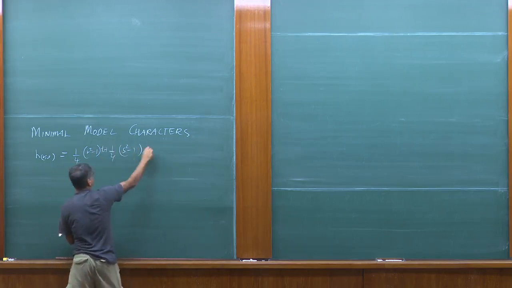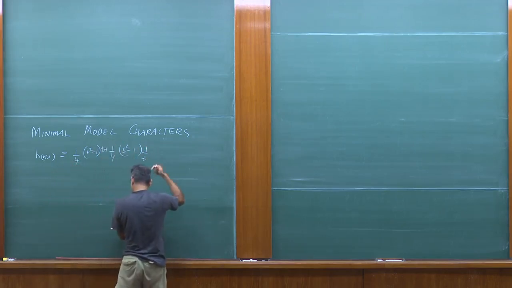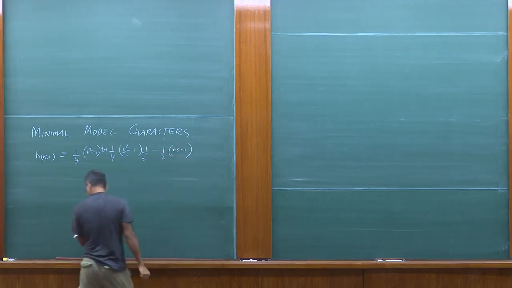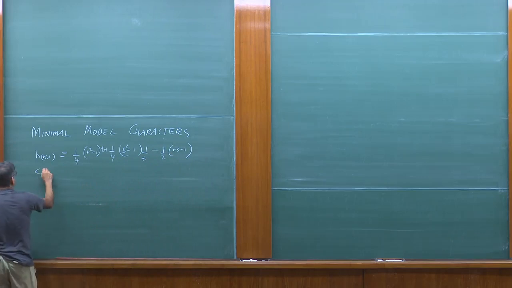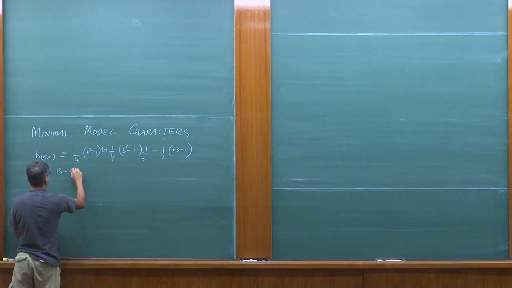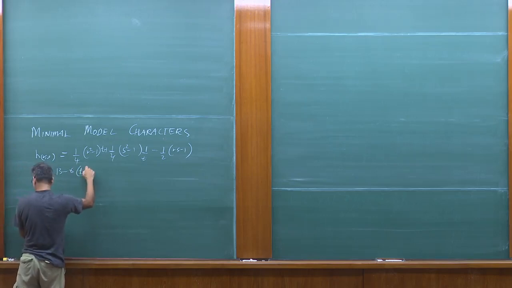This one had a T, this had a 1/T. And the central charge of our theory was 13 minus 6 (T plus 1/T).